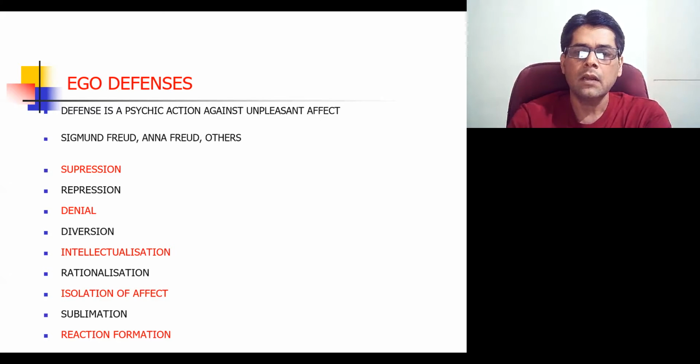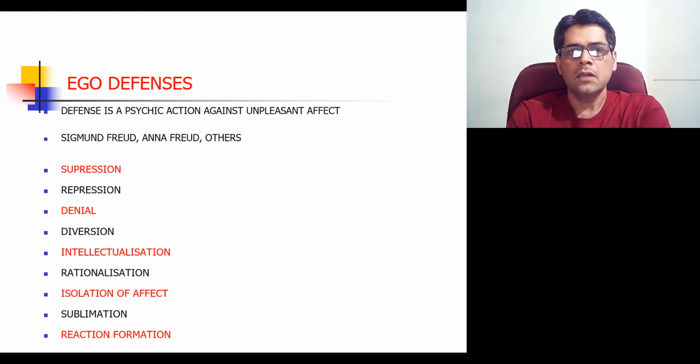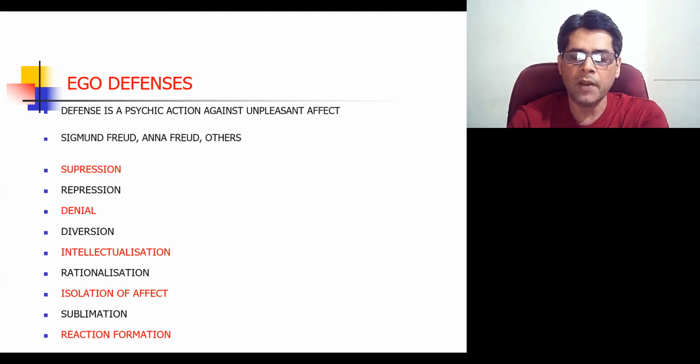And the most common unpleasant affects are, as I listed a moment ago, fear, sadness, guilt, shame, envy, inferiority, disintegration, chaos, agitation, irritation, shame. The ego uses these psychological actions that we call ego defenses for various purposes, most commonly avoidance of unpleasant affect.